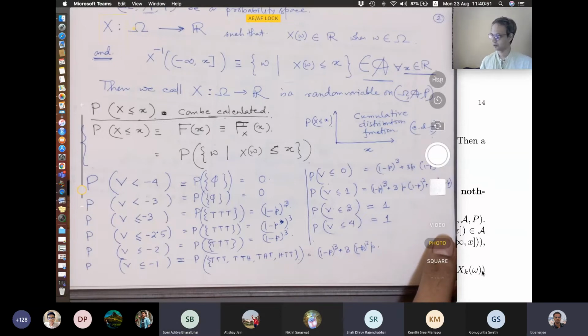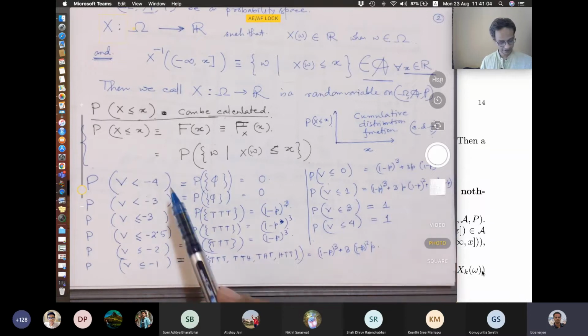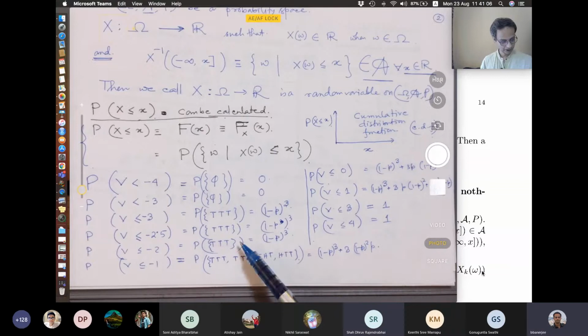It will change at -3, -1, 1, and 3. Okay, very good. It will be a step function, and it will change value at -3, -1, 1, and 3.